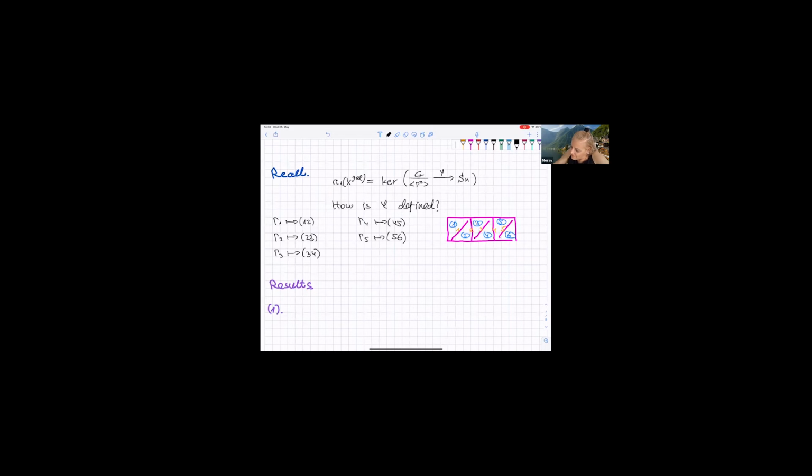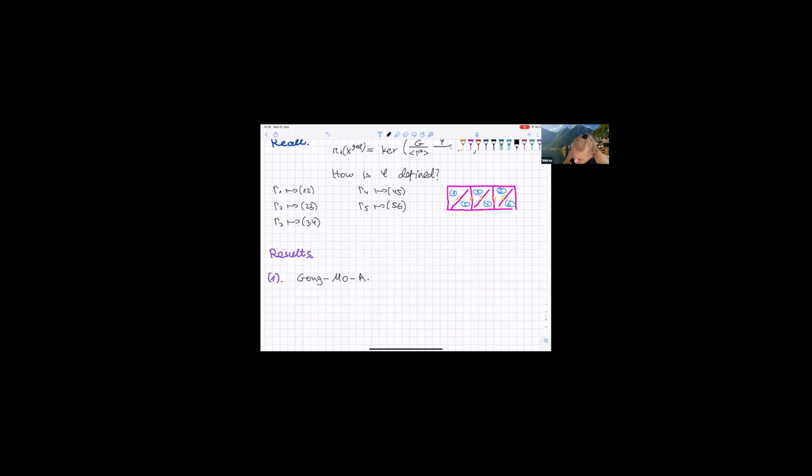So there is a joint work with Gong and Mo. By the way, Mo gave a talk yesterday. So we found out that the fundamental group of the Galois cover is trivial for all K. What does it mean?